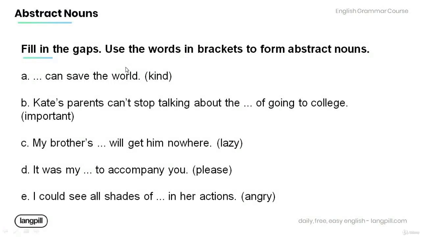And now it's time for you to practice on your own. Read the following sentences and fill in the gaps using the words in brackets to form abstract nouns. A. Conceive the word kind. B. Kate's parents can stop talking about the importance of going to college.